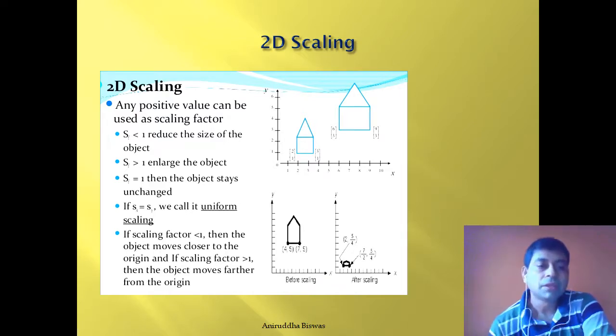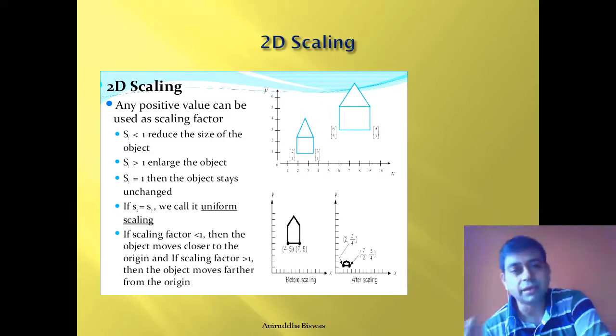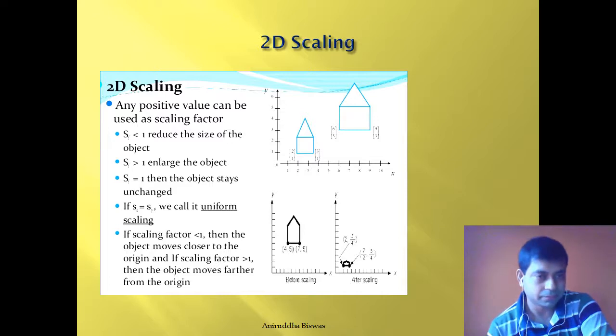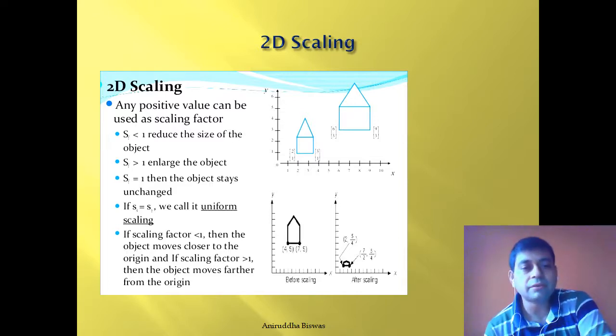Okay, so there are three types of scaling: either it is increasing, it is decreasing, or it will remain the same. So if the scaling factor is less than 1, then the object moves closer to the origin, and if the scaling factor is greater than 1, then the object moves farther from the origin.